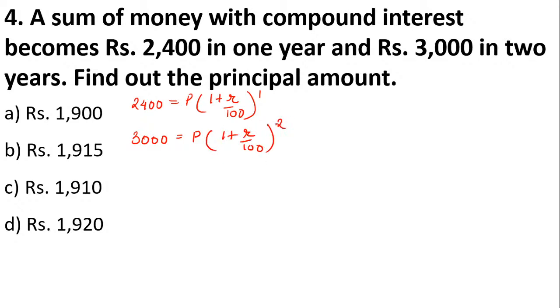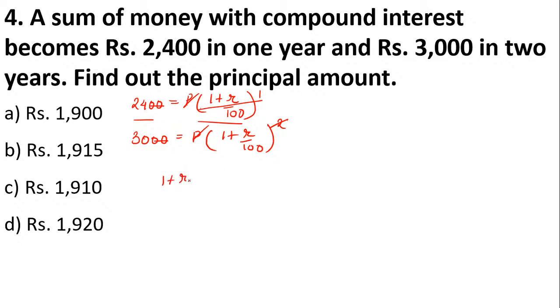Got it? Now what happens if we divide these two equations? P cancels with P, 1 cancels with the 2, and here you can cancel these two. Now the numerator goes to the other side, as I told you, cross multiplication.